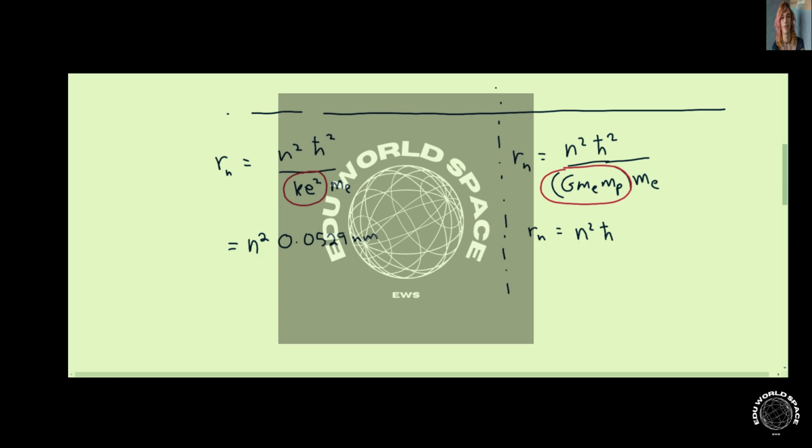And we actually want to numerically evaluate this, so we would take the 0.0529 nanometers times the n squared, of course. That dependence is still there, but we would divide by 4.40 times 10 to the minus 40.